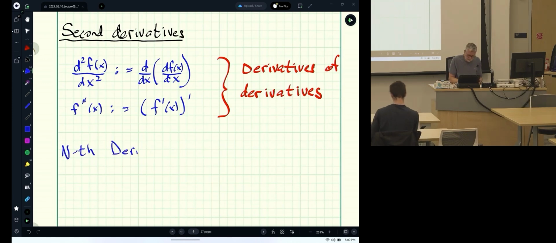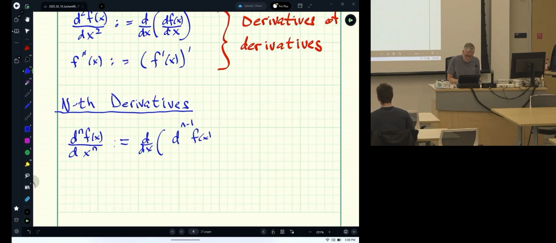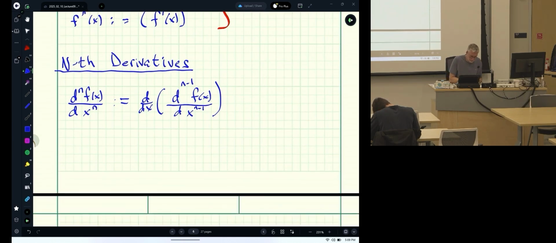And then the nth derivative, d^n f of x over dx to the n, is by definition equal to, so it's recursive, the n minus first derivative, and then we stop writing primes.